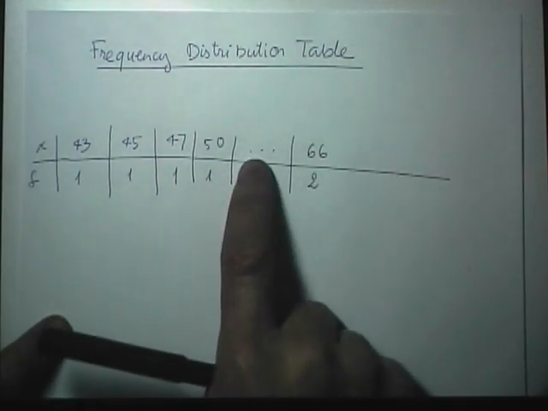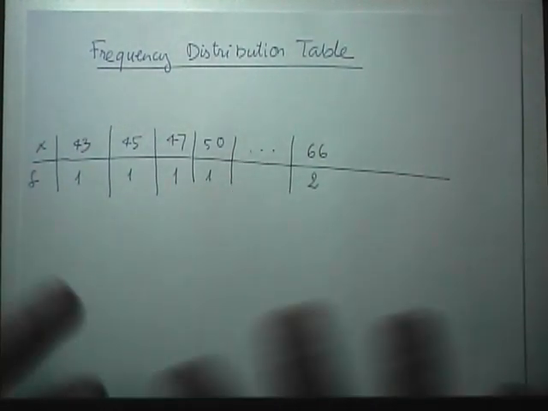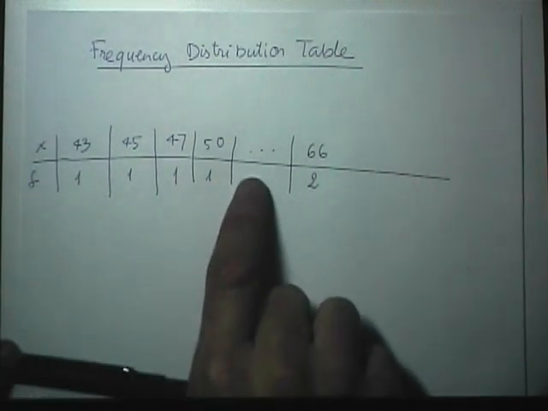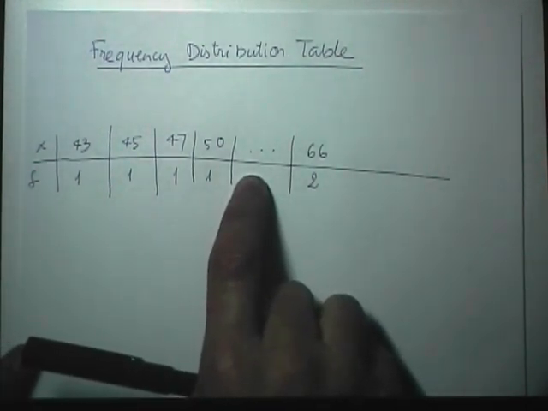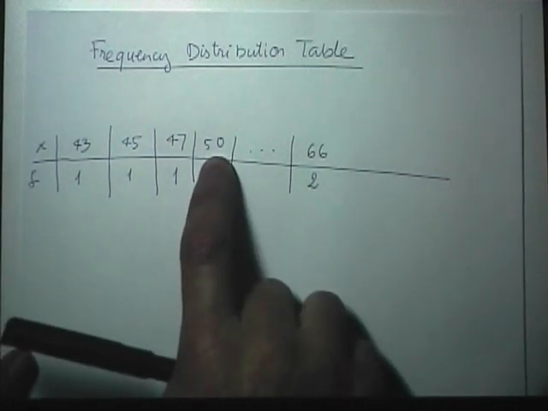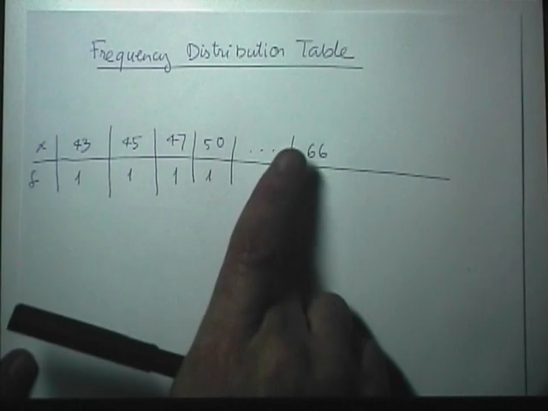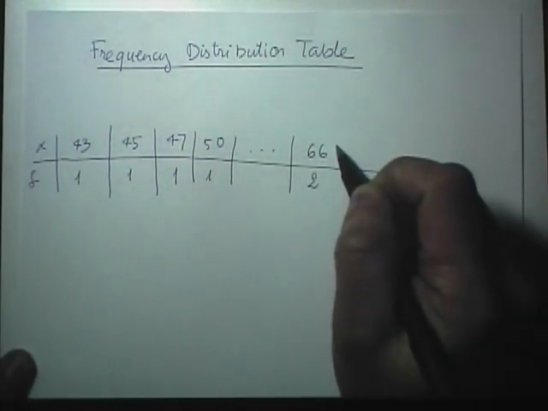Now the dots in between here mean you can continue the work here. I'm a little short on space, so I'm not going to write it all out, right? But when you're working this on your own sheet of paper, on your own notes, make sure you fill it in, right? What I mean here is beyond 50, you have 54, you got 56, and 57, okay? And then 66, there are 2 of them.